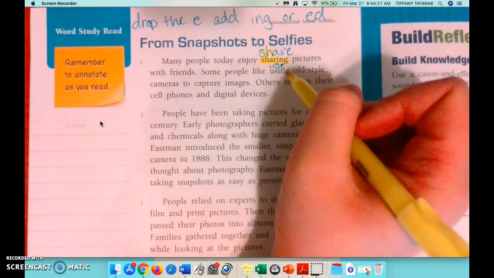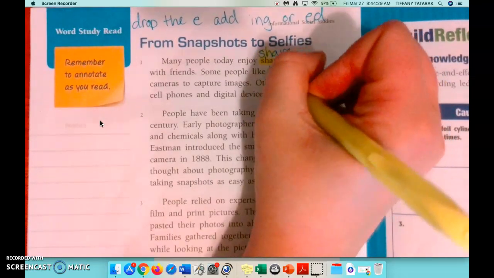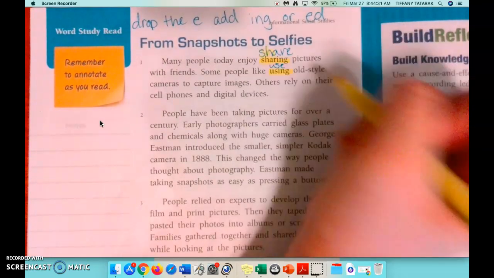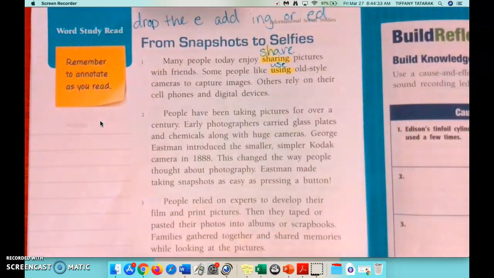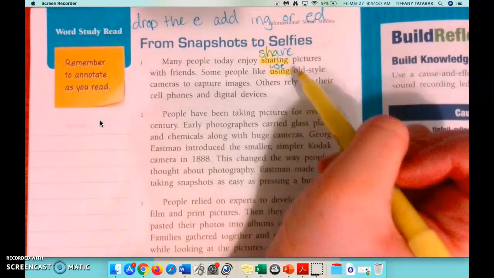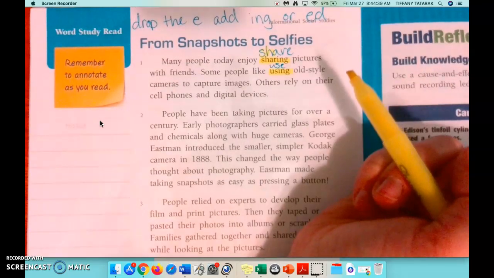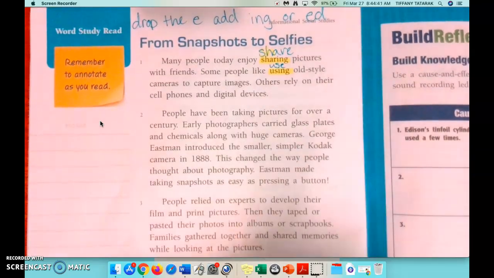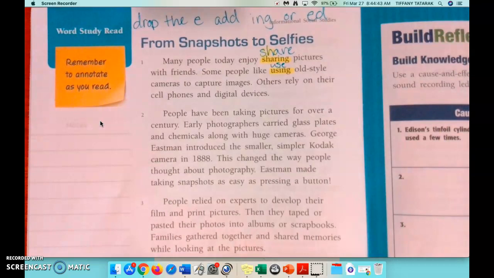So that tells me they had to drop that E and add the ing. Now you don't have to be writing these base words how they would normally be written, but if that helps you visualize it, go ahead and do it. All right, let's go on to the third sentence. Others rely on their cell phones and digital devices. Well, I'm not seeing ing or ed, so we can move on.